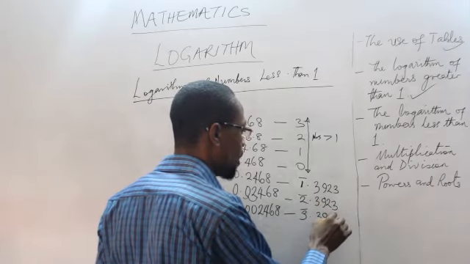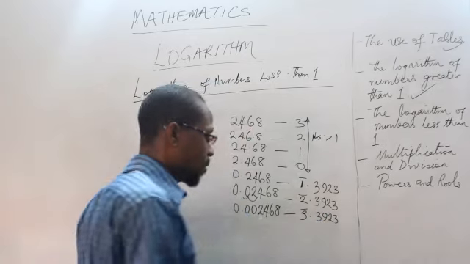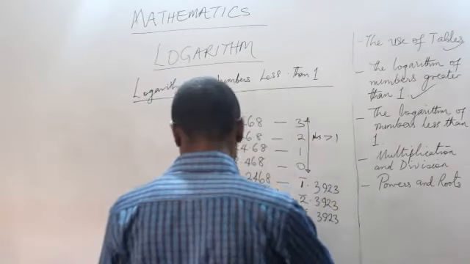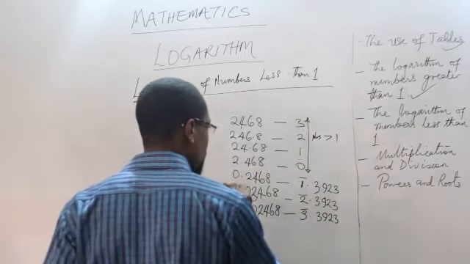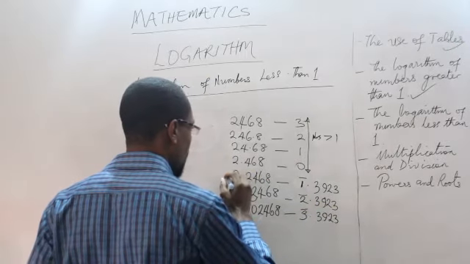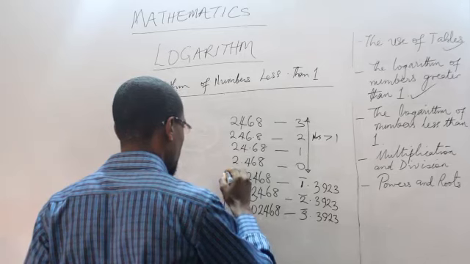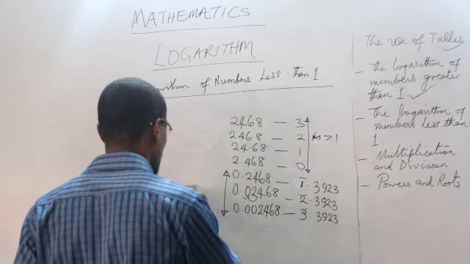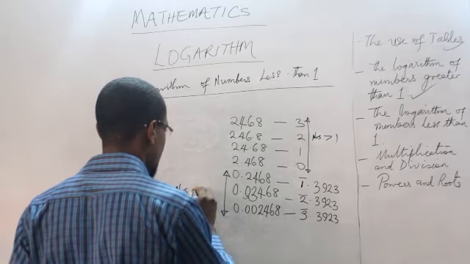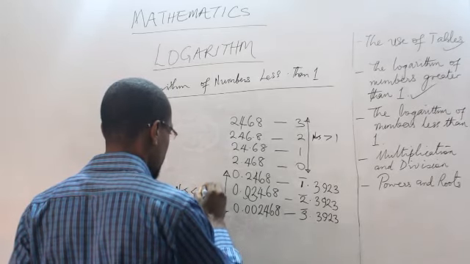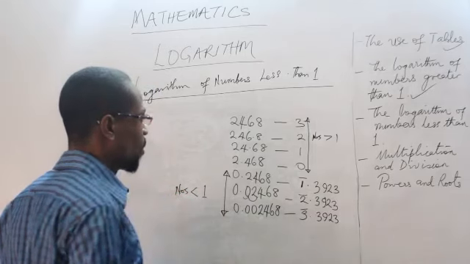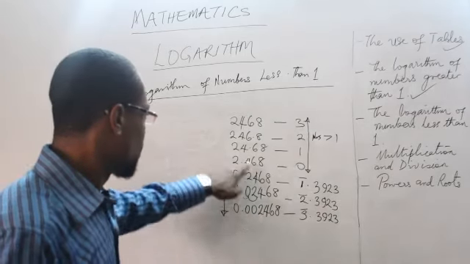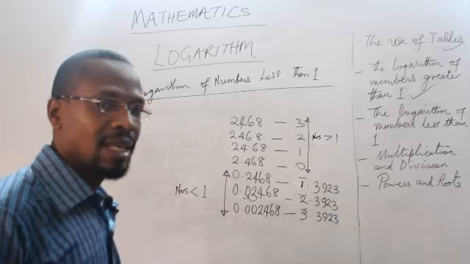And I tell you, all of these are for numbers less than 1. Do you get it? All of these are for numbers less than 1.